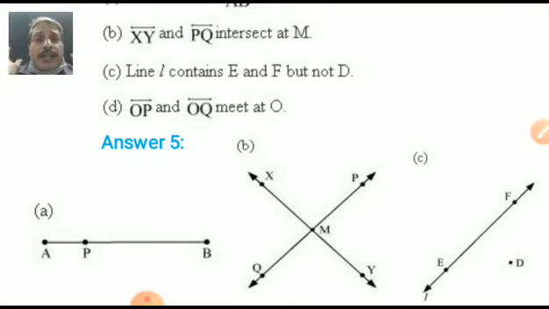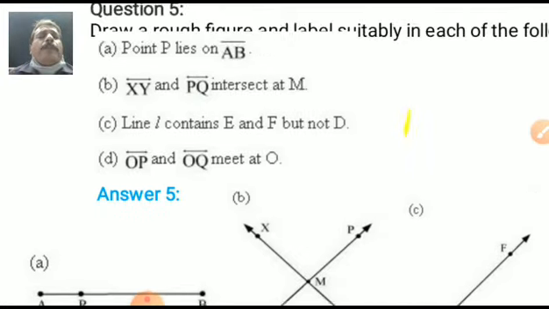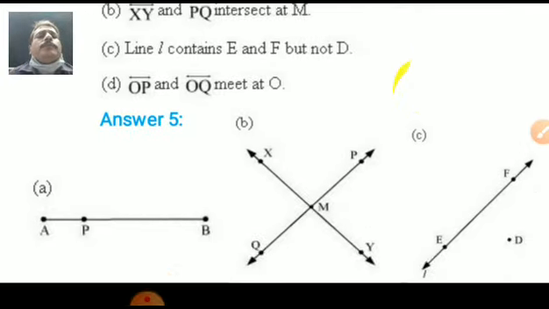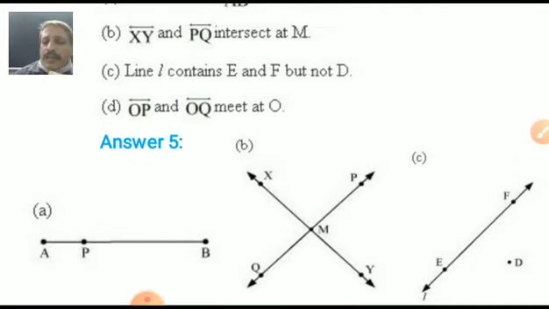See here clearly written, line XY and line PQ intersect at point M. Once again I remind you, intersecting means two lines are there. When they cut, yes, I am having a green color pen and an orange color pen. Intersecting this way, this way, this way or this way.